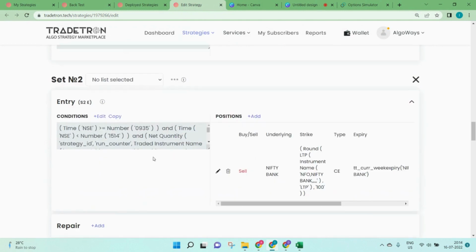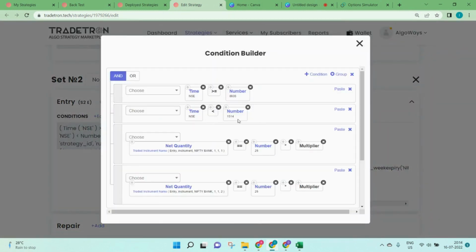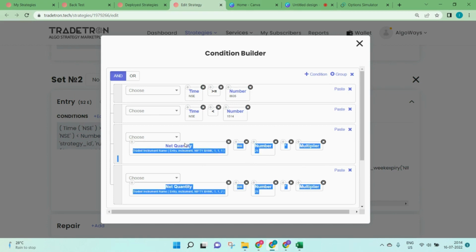Now set 2 is for call option selling. Same thing: time, and net quantity is 25. We are just ensuring that we already have the hedges in place by putting these two conditions. You can also put simply traded instrument 111 and traded instrument 112, there is no need to put time, etc. That will ensure that the hedges are in place already.